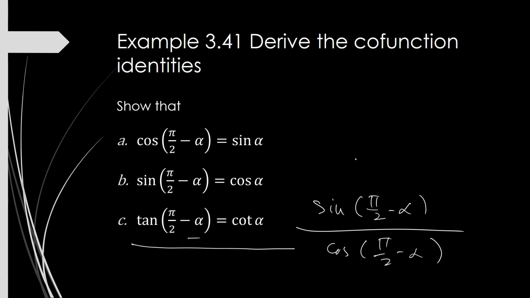And since sine of pi over 2 minus alpha is equal to cosine of alpha, and cosine of pi over 2 minus alpha is equal to sine of alpha, this is just equal to cotangent of alpha. Okay? Okay, so let us show that these identities are true.